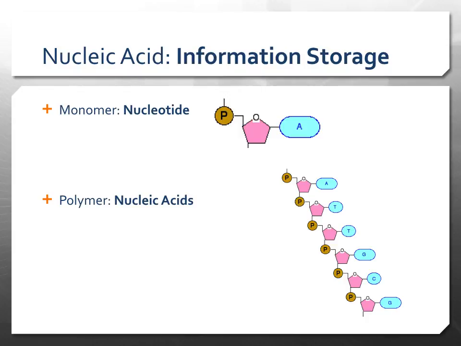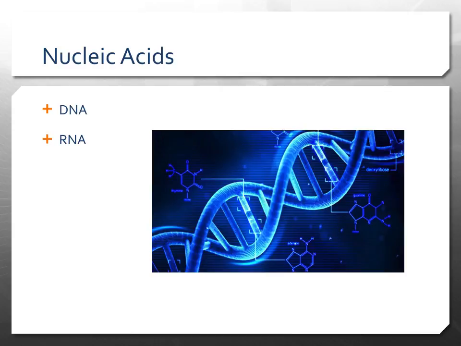They store information in our bodies, mainly in the form of DNA and RNA, because they have a unique code embedded on this side of the molecule. And so that code can be read, that code can be translated, and that code can be used to build proteins or other parts of our body.